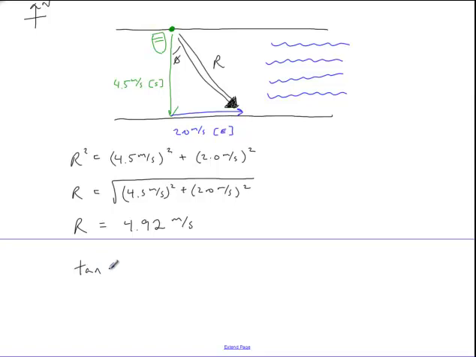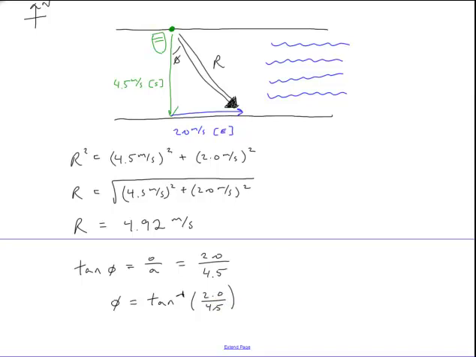Remember, tan theta equals opposite over adjacent. Okay? And we want to solve for theta. Opposite is 2.0. Adjacent is 4.5. So we can rewrite that as theta equals tan inverse of 2.0 over 4.5.